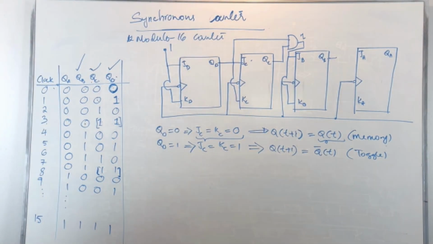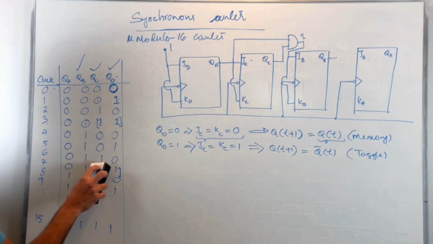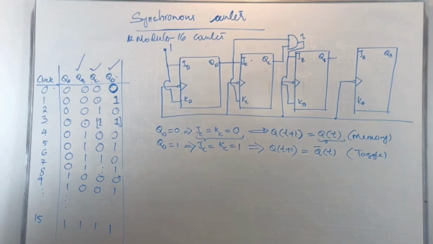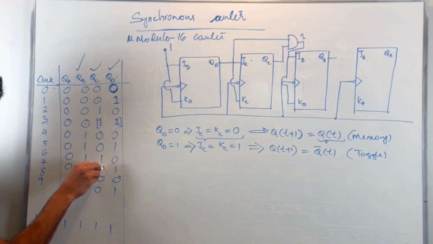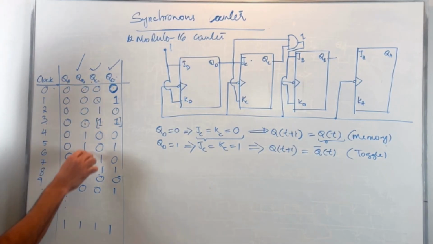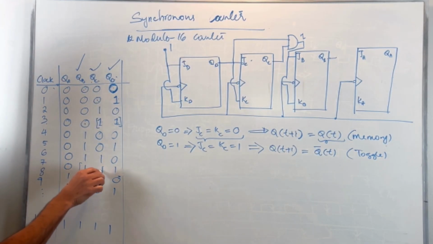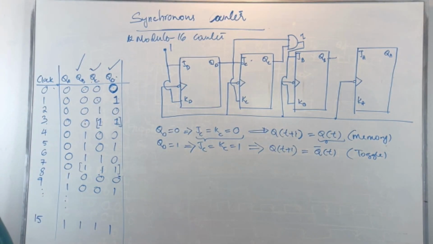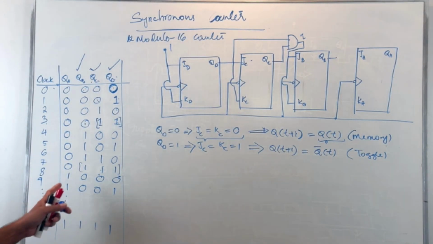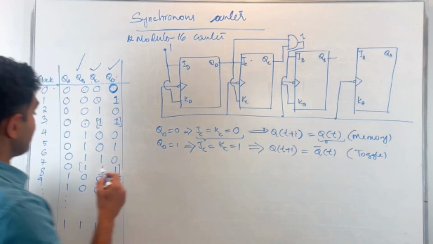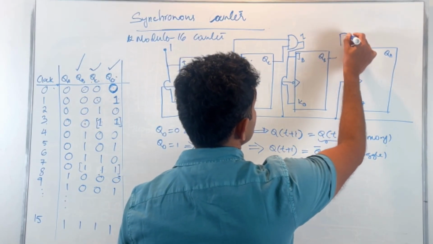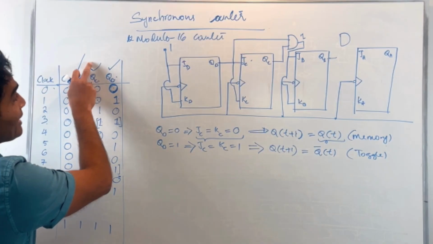If you observe QA, my QA should toggle when my QB, QC, and QD are all 1s. Until then, it should maintain the same value, right? So how do I make sure that happens? Well, I apply another AND gate between QB, QC, and QD.